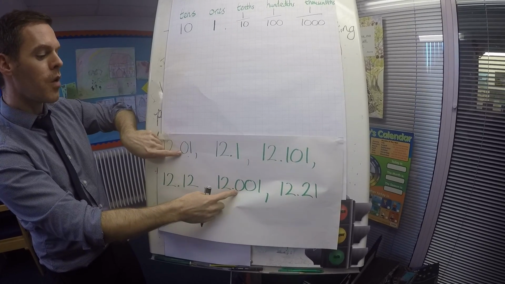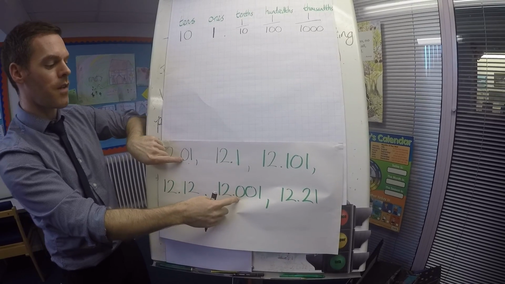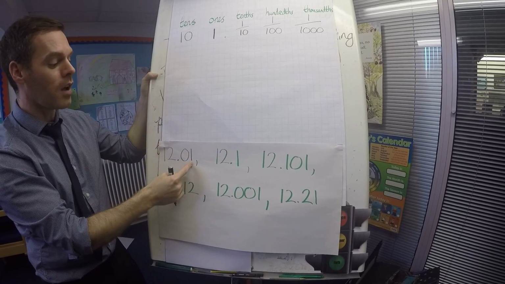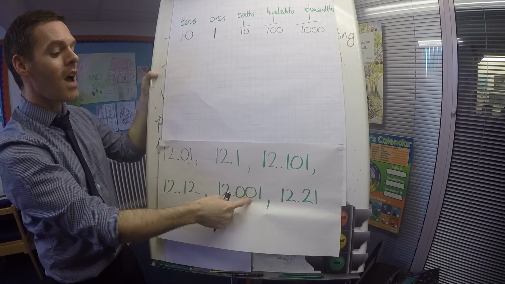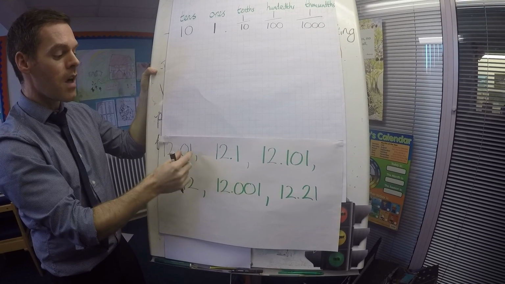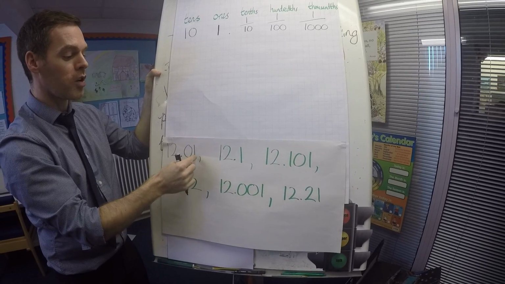So now we need to look at the next place value along, which is the hundredths column. This number has 1 hundredth, this number has 0 hundredths. That tells me straight away that this number is bigger than this number because it's got 1 hundredth.